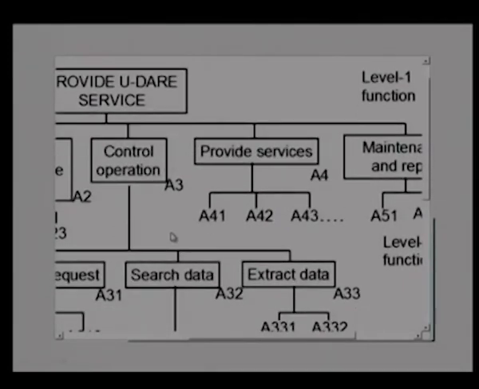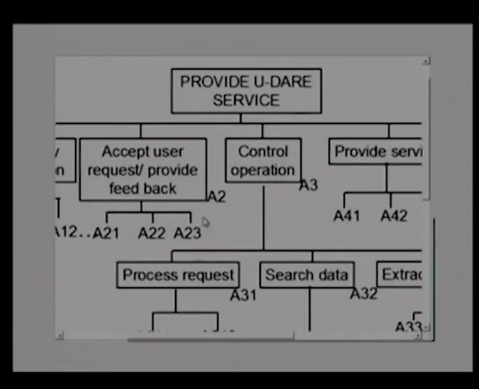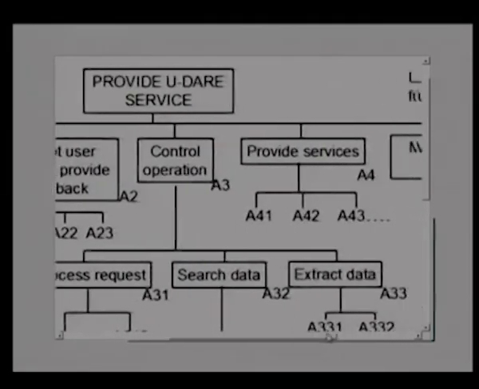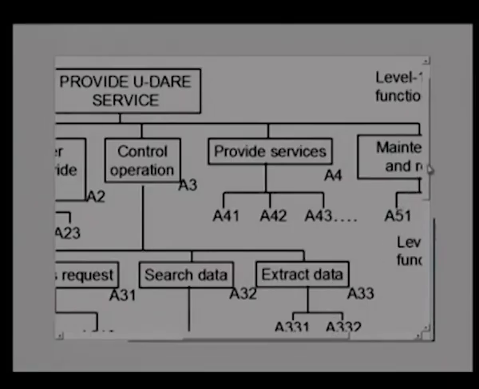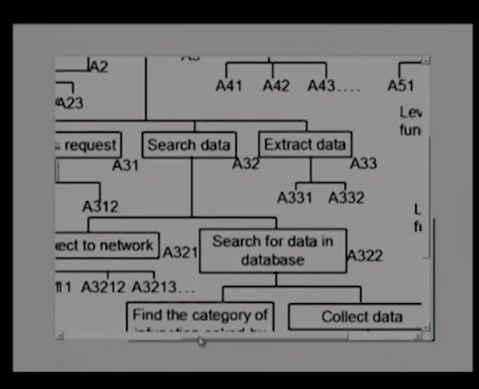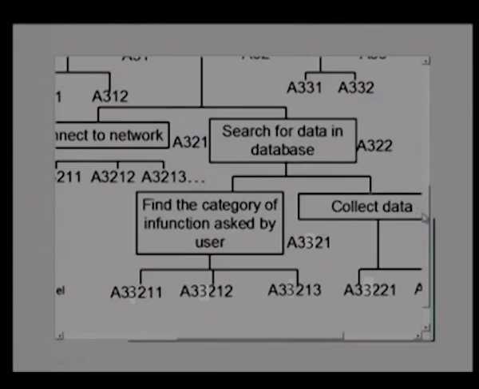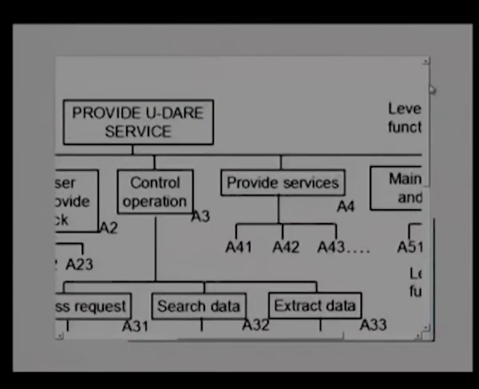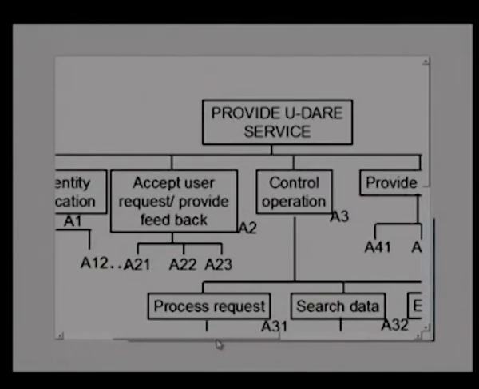So, we will take the one example here, A3, and for A3 we have many sub functions identified, A31, A32, A33 and then again A32 has been decomposed further to A321, A322 and again A322 is decomposed further, like that. So, all these functions can be shown in a hierarchical way which will give the functional hierarchy of the system, and based on the functional hierarchy we can develop the physical architecture.